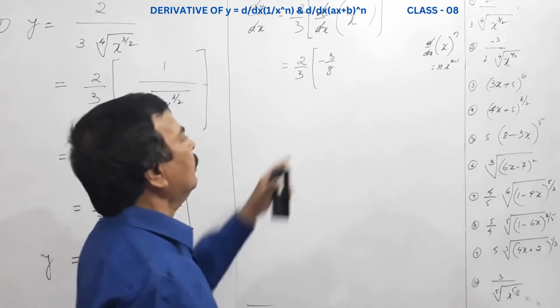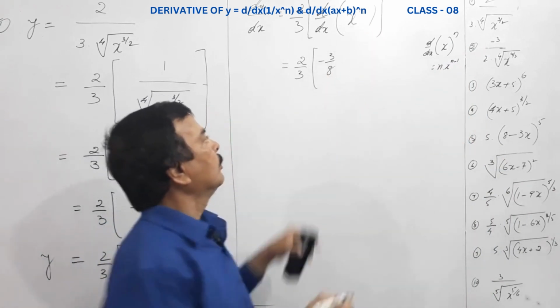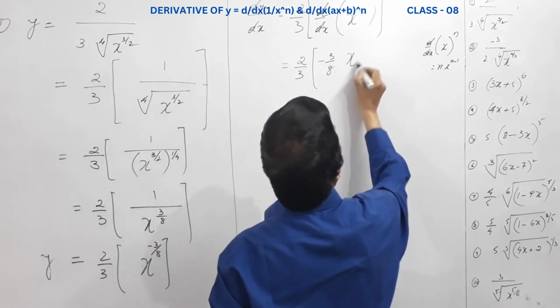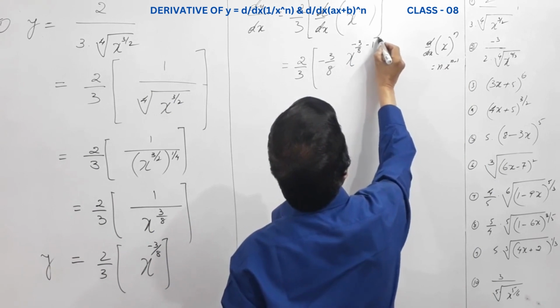Here n is minus 3 by 8. So x to the power of minus 3 by 8 minus 1.